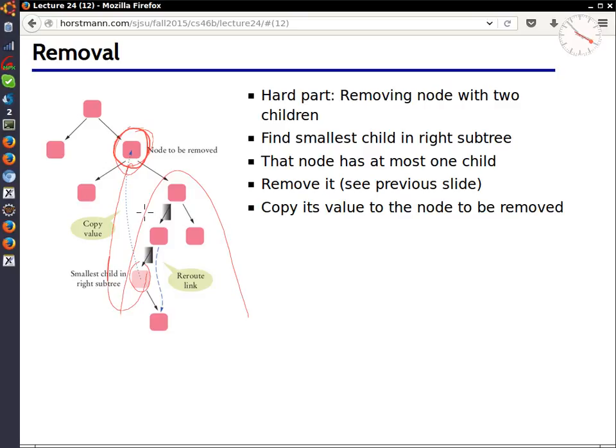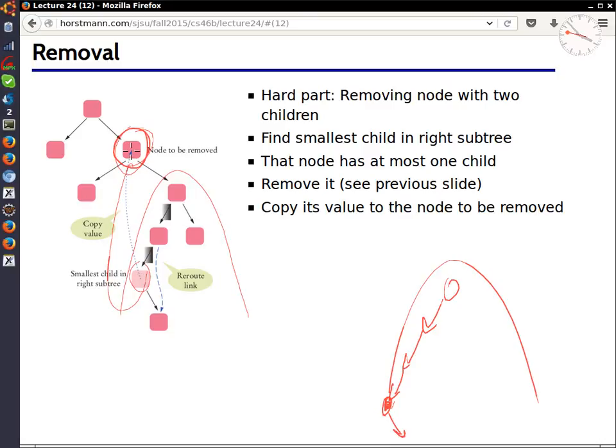And now, as it happens, beautifully enough, the smallest element that you have in a subtree never has a left child. The smallest element of a tree, so if you have any old tree, the smallest element is obtained by going left, left, left, left, until you can't go left anymore. So it might have a right child, but it never has a left child.